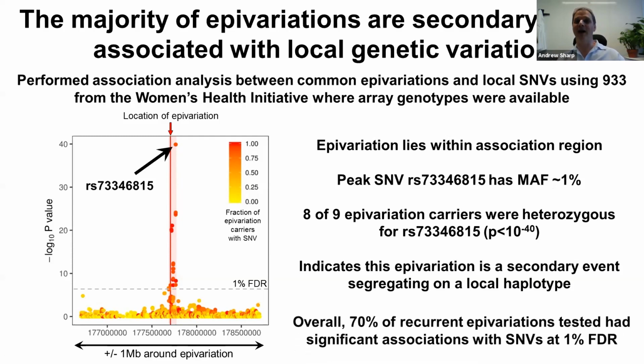And overall, out of the epivariations we're able to test, 70% of them had some signal of genetic association at 1% FDR. So this is telling us that the majority of epivariations are likely to be secondary events, segregating on or being caused by some underlying genetic change.